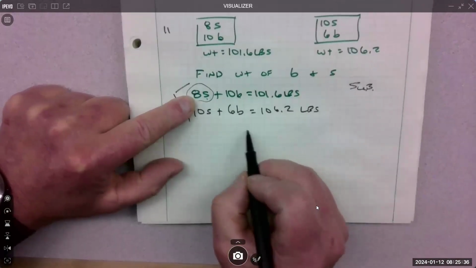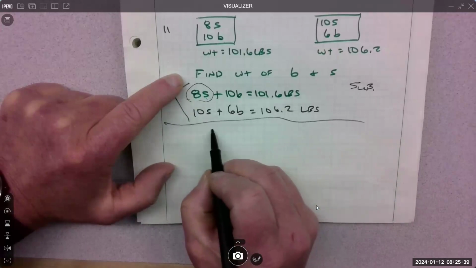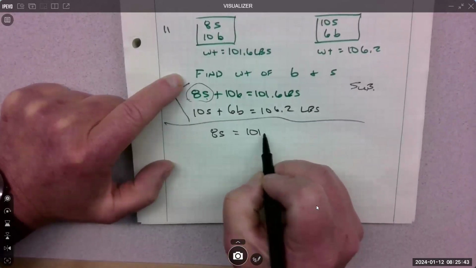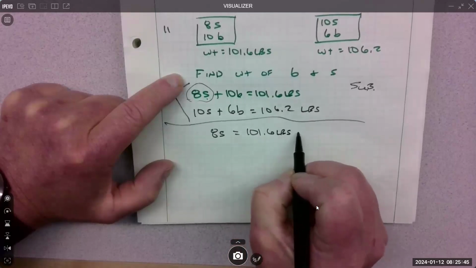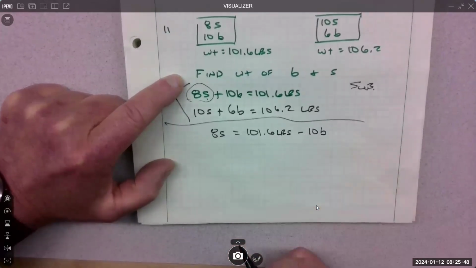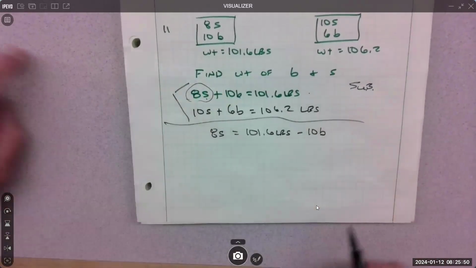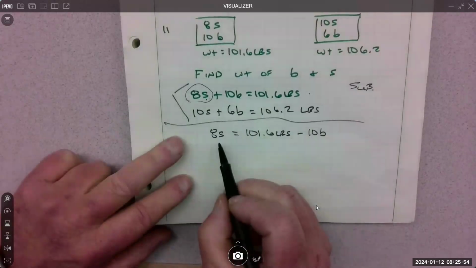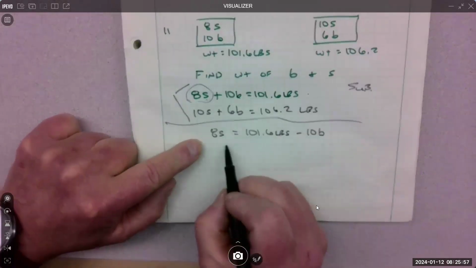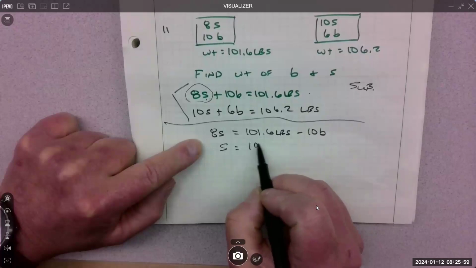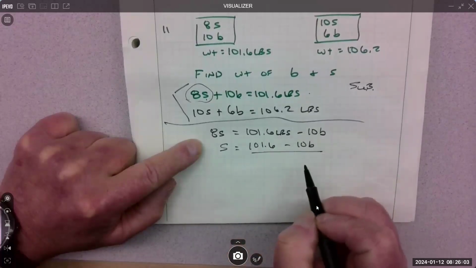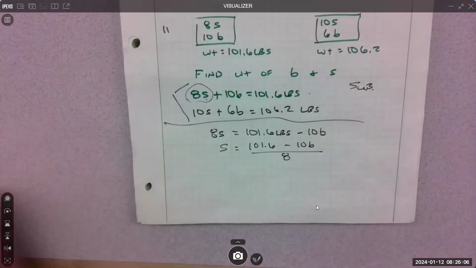So we're going to end up with 8S equals 101.6 pounds minus 10B. That's subtracting 10B from both sides. Yeah. And then how do we get rid of the 8? Yep. 101.6 minus 10B divided by 8. So that gets S all by itself.